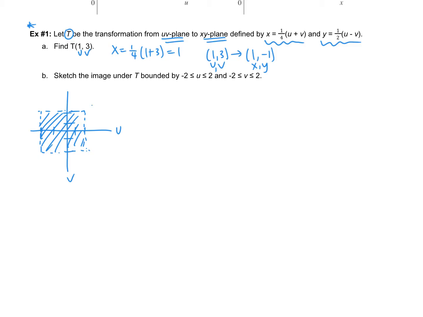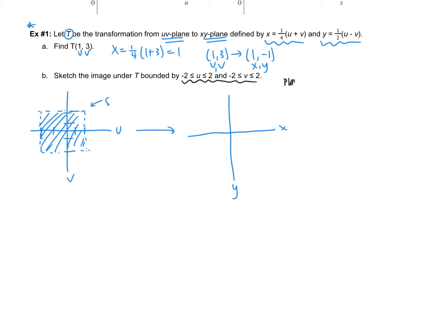And we might call that region S. And we want to know, what is this same region going to be in the xy plane? Okay, so we have some numbers here. If we just start plugging in some numbers, like -2 for u and -2 for v, that's only going to give us a point (x, y). So there's infinitely many points here. It's not going to be particularly helpful just to plug in random numbers.